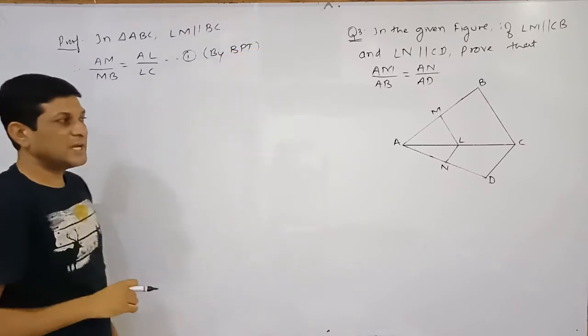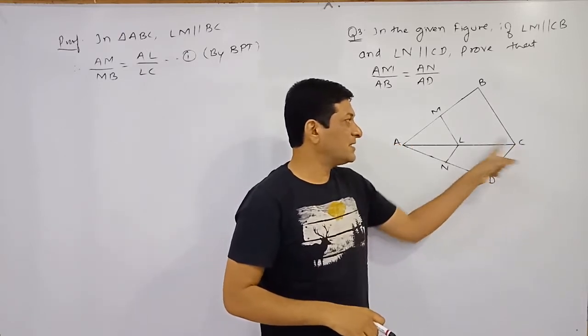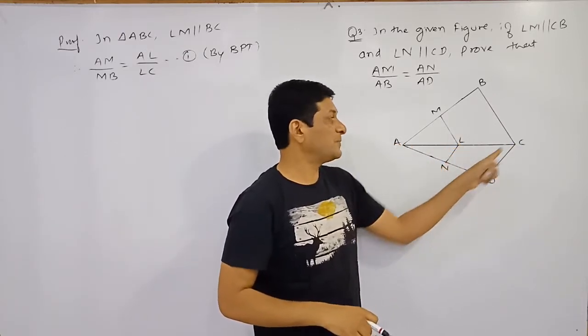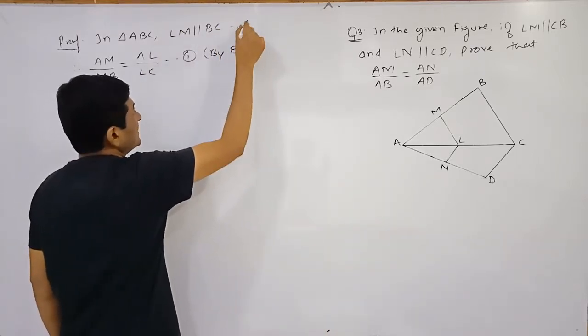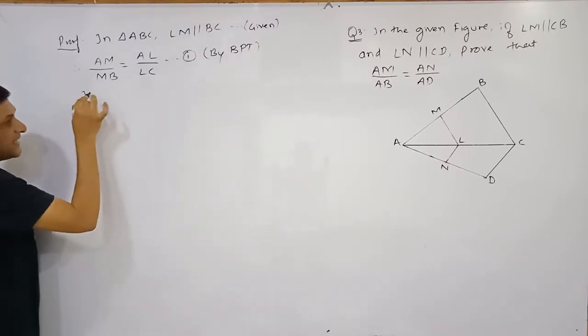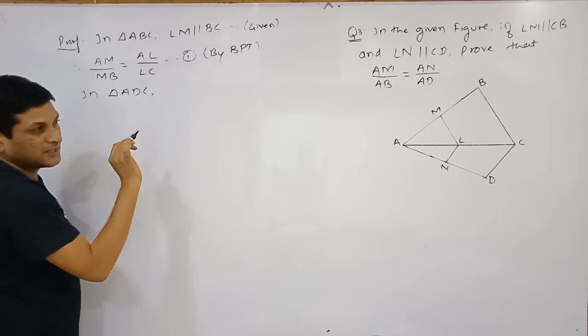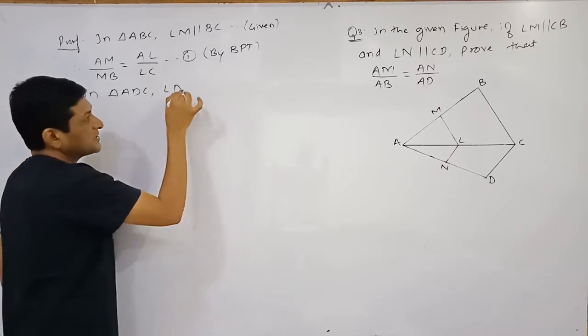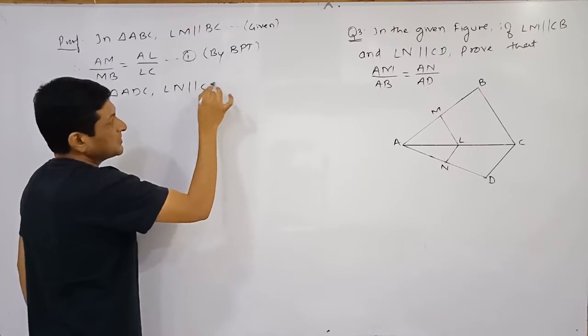So well, now we are considering this second triangle. Which triangle? In triangle ADC, it is given to us that LN is parallel to CD. It is given to us. This is the given condition here. In triangle ADC, LN is parallel to which side? CD. It is given to us.